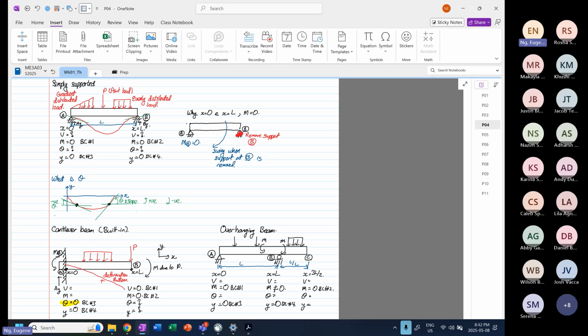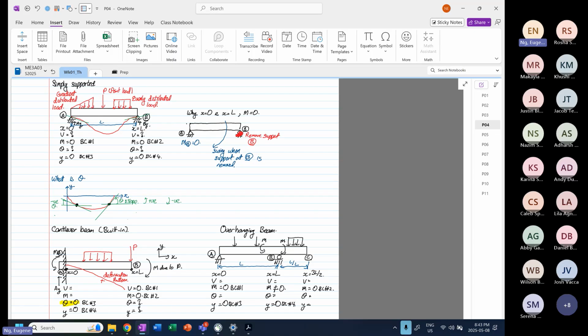Boundary condition is the key. In buckling, you have to be able to identify boundary conditions. If we cannot identify boundary conditions, game over. So now all of you should know boundary conditions.